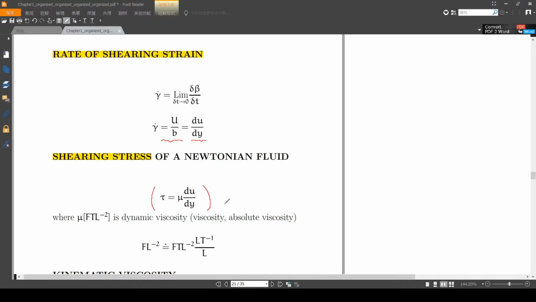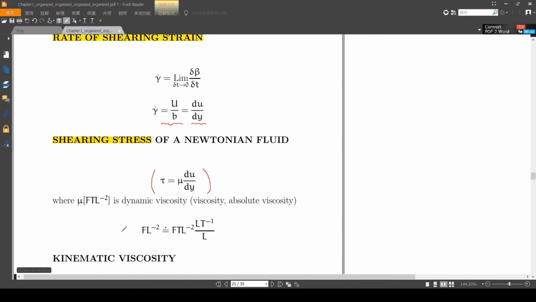If it is not linear, then it is not a Newtonian fluid. The next part discusses the dimension of the viscosity. You can derive the dimension according to this relation. We know that shear stress has the dimension of stress.